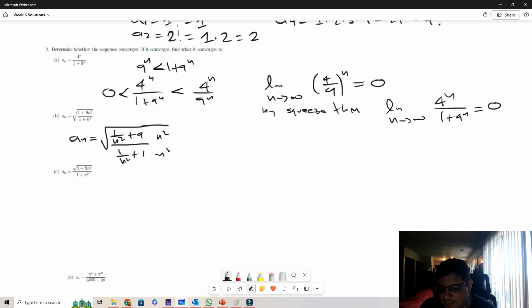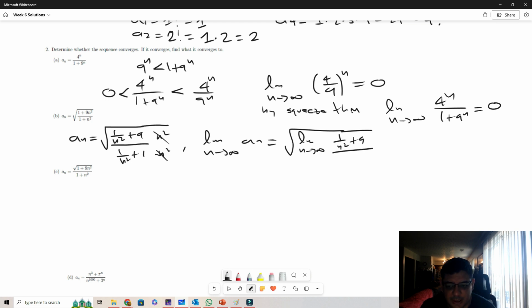So I can cancel out this term. So if I'm going to take a limit when n goes to infinity of a_n here, this is equivalent to doing the root of the limit when n goes to infinity of 1 over n squared plus 9 over 1 over n squared plus 1. And so this clearly is going to go to the square root of 9 over 1, or 3.